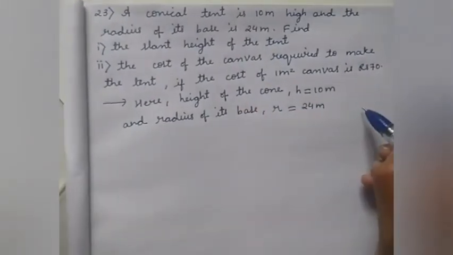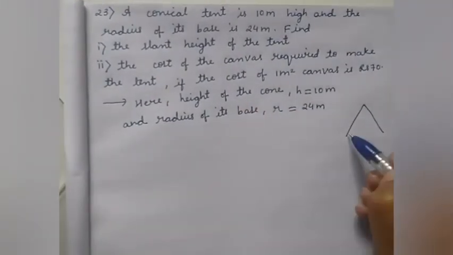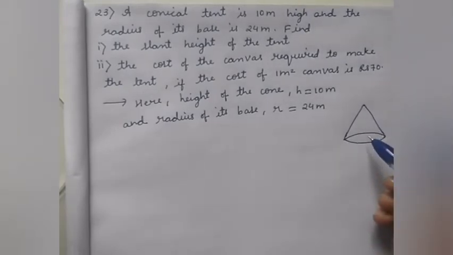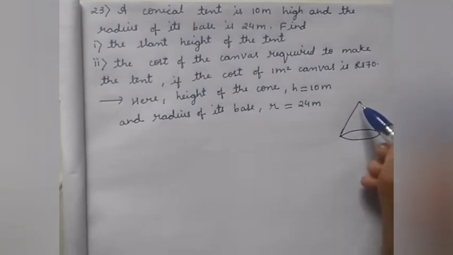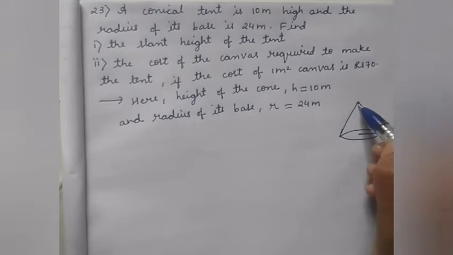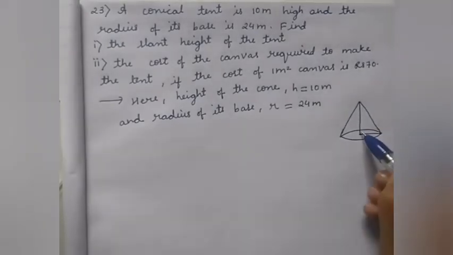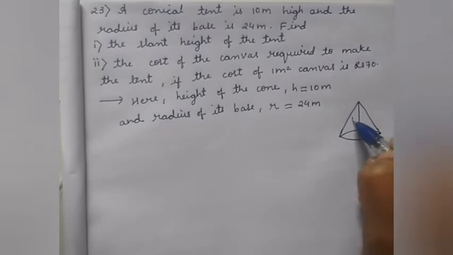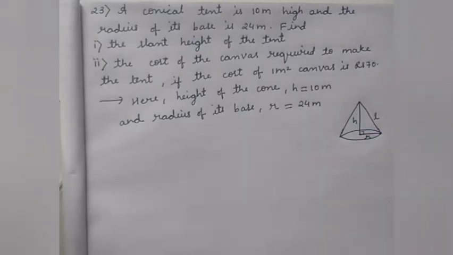We know that for a cone, we have just now seen, here we are talking about the right circular cone. Here we have the base in the form of a circle which is perpendicular to the axis. So the angle here is 90 degree. This is the radius r, this is the height h, and this is the slant height.